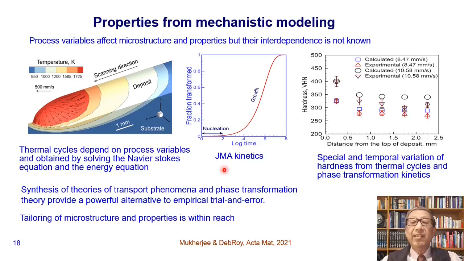In this case, we are doing this for H13 tool steel, in which during deposition of successive layers, materials are tempered. And because we know the tempering kinetics, we synthesize the tempering kinetics with the thermal cycles at all locations, and therefore we can predict the hardness for different conditions of deposition.